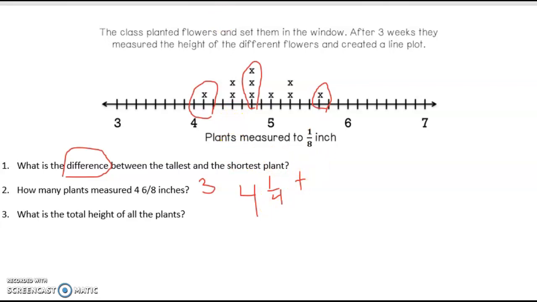We're not doing fourths, we're doing eighths. I hope some of you noticed the mistake I was making. All right, 4 1/8 plus. So if this is 1/8, 4 1/8, 4 2/8, 4 3/8, 4 4/8.